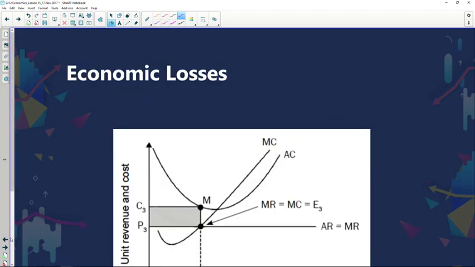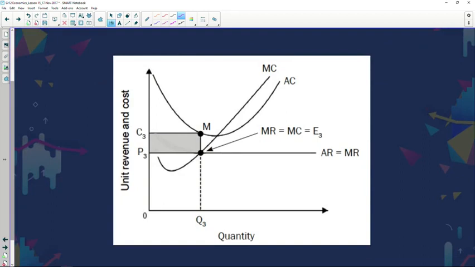So let's go to our graph and just interact with this information. Here's P3, which is our market price. And also we are told that profit will be maximized where MR equals MC, which will be our E3, and this is this point. So we've got our market price over there, and then also our E3, which is the point where we're going to maximize our profit.